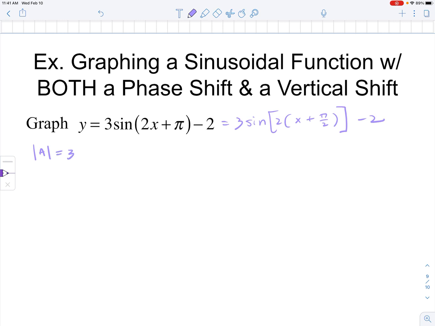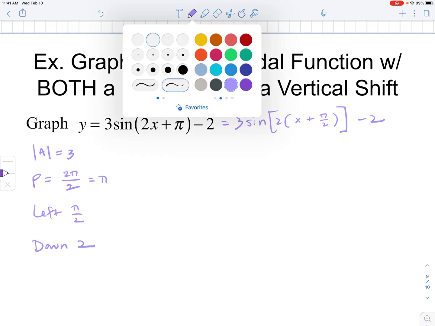The amplitude is 3. The period is 2 pi divided by b, which is 2. So the period is pi. Horizontal shift left, pi over 2. Vertical shift down 2.